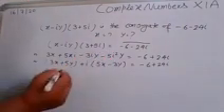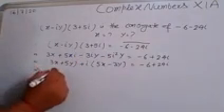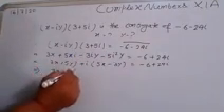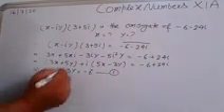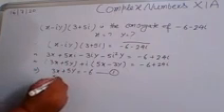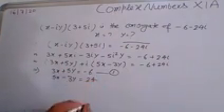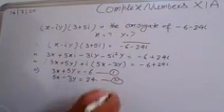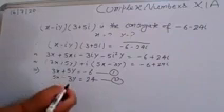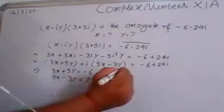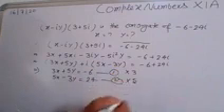Comparing, you have 3x plus 5y is equal to minus 6, and that is your first equation, and your second equation is 5x minus 3y is equal to 24. Solve it by the elimination method. If you want to cancel the terms of y, multiply the first by 3 and the second by 5.